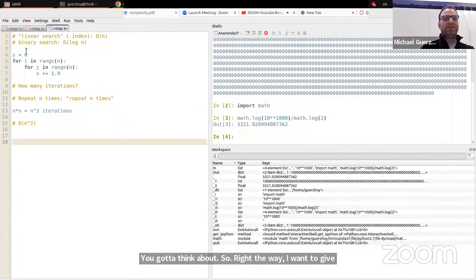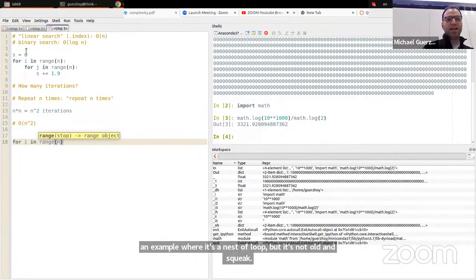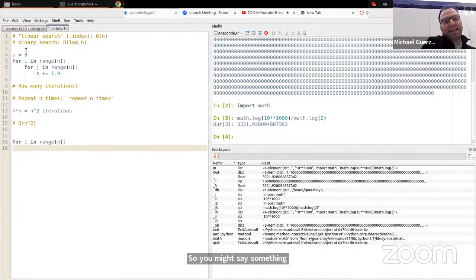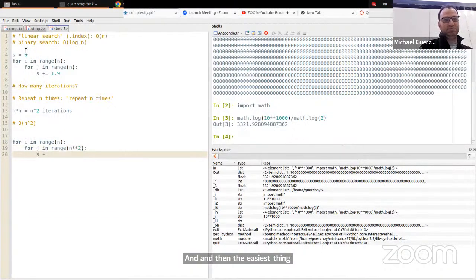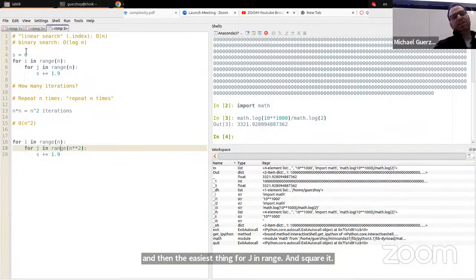So you might say something like for i in range n, and then the easiest thing, for j in range n squared. What is this? Well, it's the same pattern.